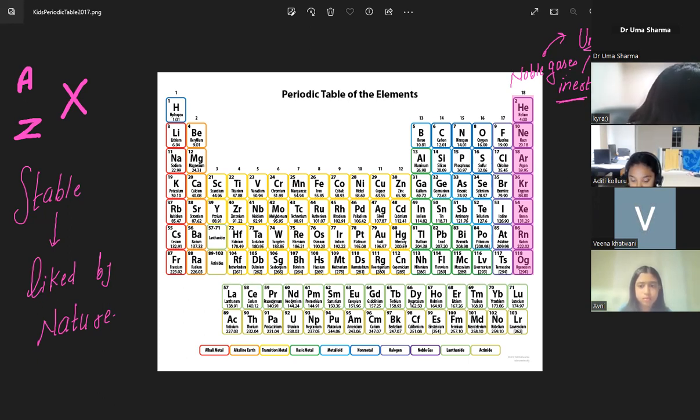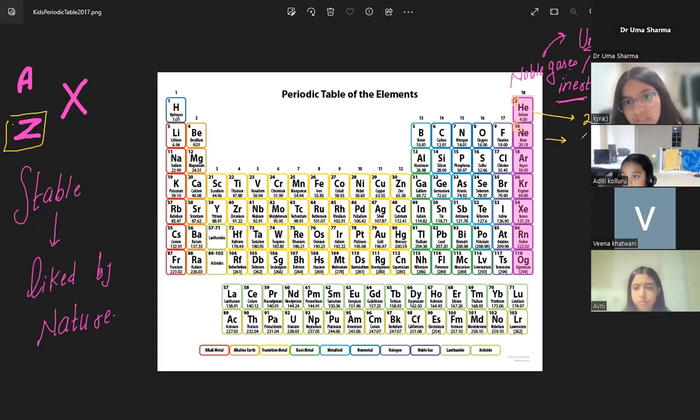Okay, now if these are stable, can you tell me how many electrons are there in helium? You can see these are the atomic numbers, right? So how many electrons in helium? Two. You remember that atomic number and the number of protons are the same because these atoms are neutral. So 2 electrons. How many electrons in neon, Aditi?